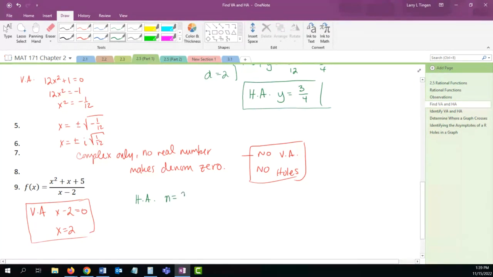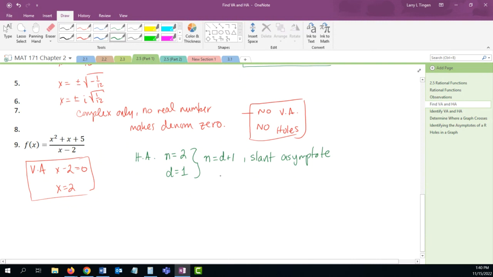Well, the numerator has degree 2, the denominator has degree 1, and this is our first time when N is 1 more than D. We have a slant asymptote. Okay. There's no horizontal asymptote here. There's a slant asymptote. How do I find it?